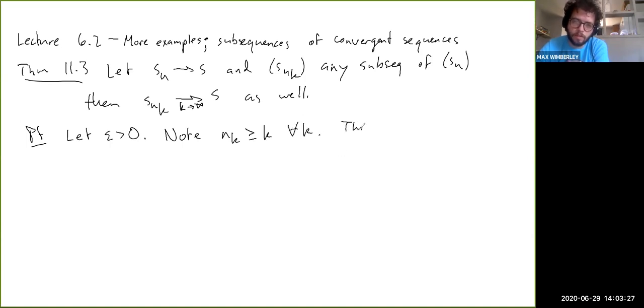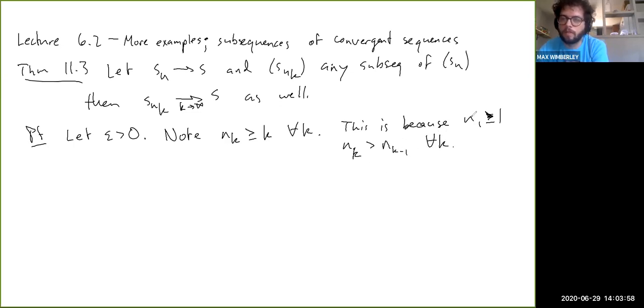This is because n1 is greater than or equal to 1, and nk is strictly greater than nk minus 1 for all k. Strictly greater, not greater than or equal to. This is actually important.